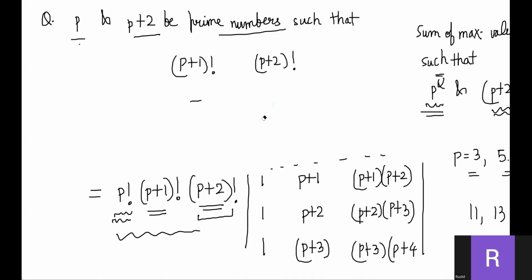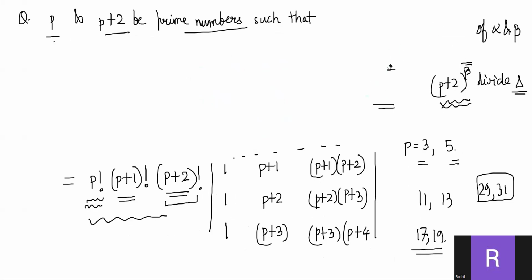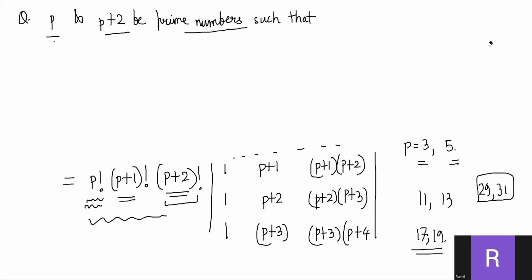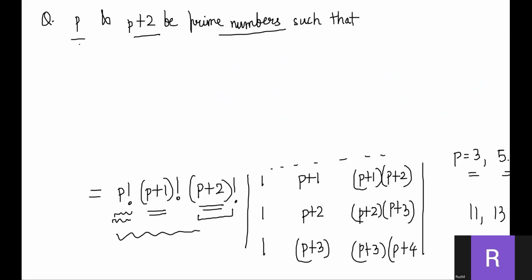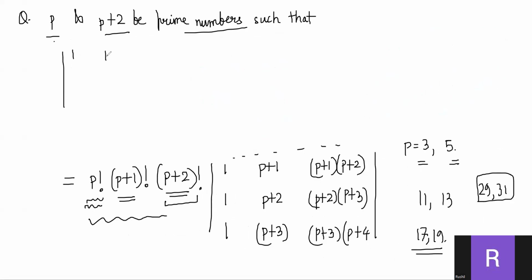That determinant can be simplified if we do row operations and make some terms 0. If you do row 2 equals row 2 minus row 1, you will keep row 1 as it is, and subtracting gives 0, then there will be a 1, and P plus 2 common, and P plus 3 minus P plus 1, so 2.